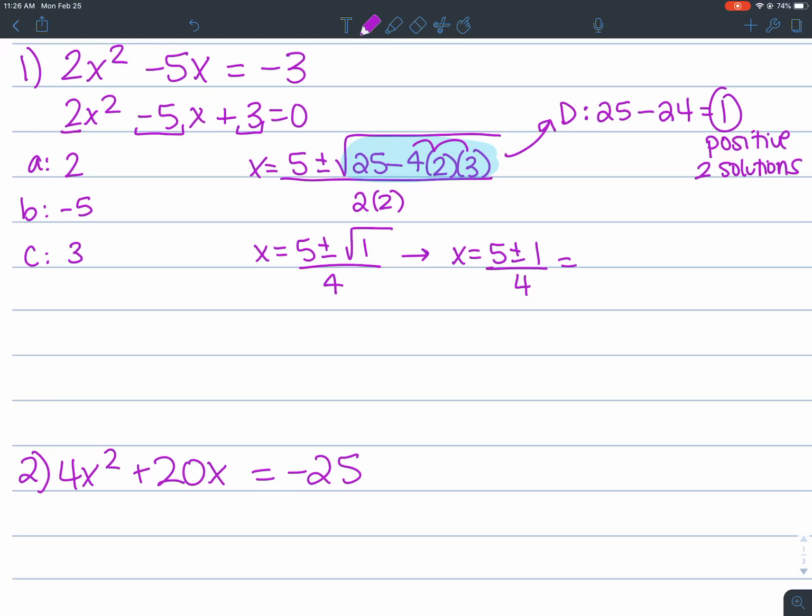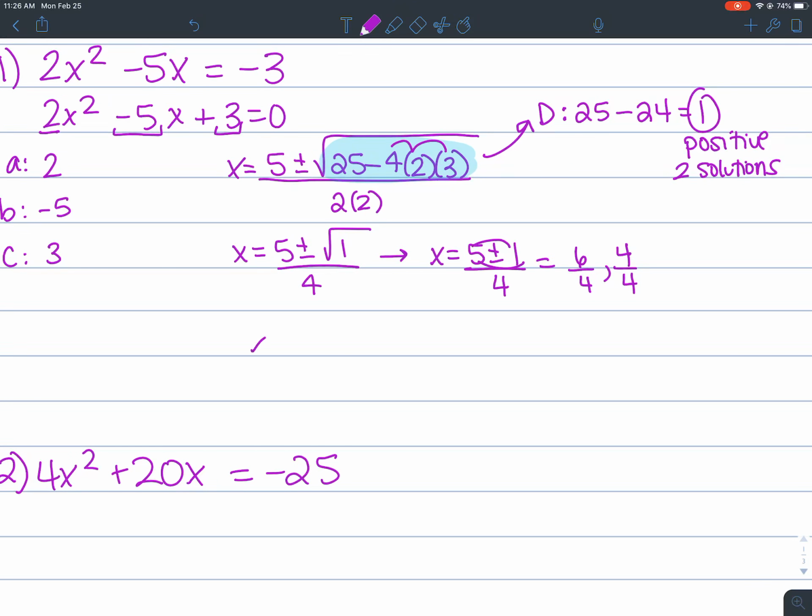And then we can keep going and say, well, 5 plus 1 is 6 over 4, and then 5 minus 1 is 4 over 4. These reduce by 2 to give me 3 halves. And then also x is 4 over 4, which is 1. So these are my two solutions.